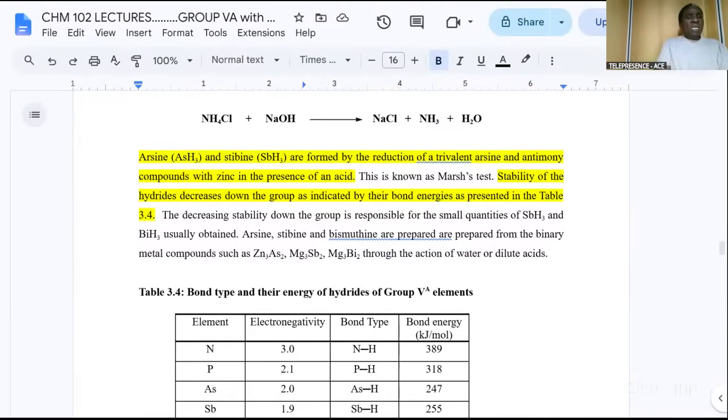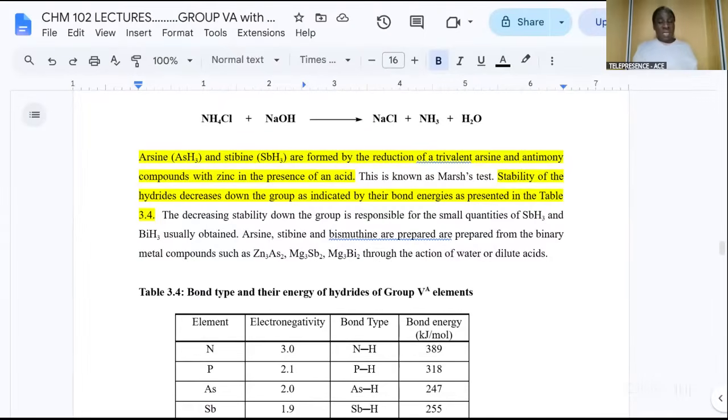Now, arsine is the hydride of arsenic, while stibine is the hydride of antimony. They are formed by the reduction of a trivalent arsenic and antimony compound.